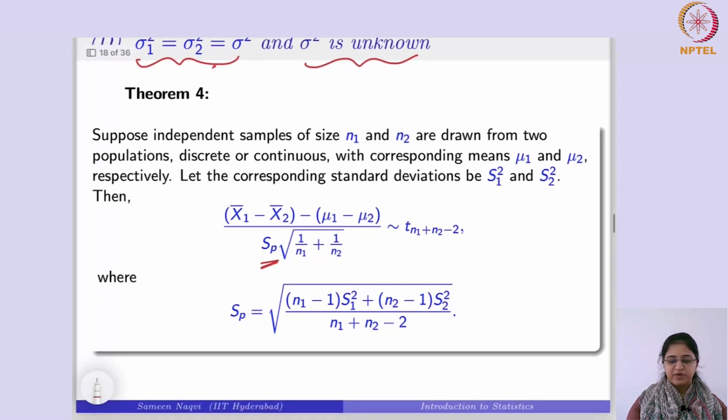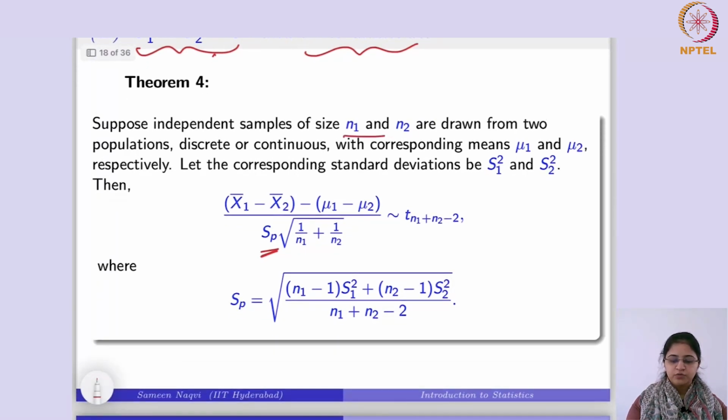So if you have independent samples of size n1 and n2 coming from populations with means mu1 and mu2 and equal variances, then this quantity over here would follow a T distribution with n1 plus n2 minus 2 degrees of freedom.